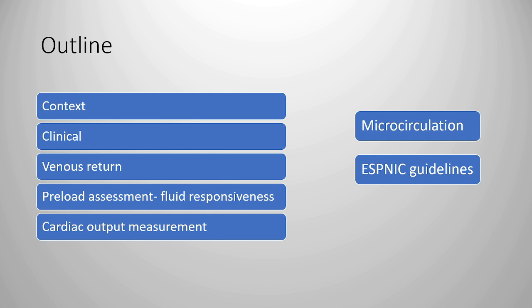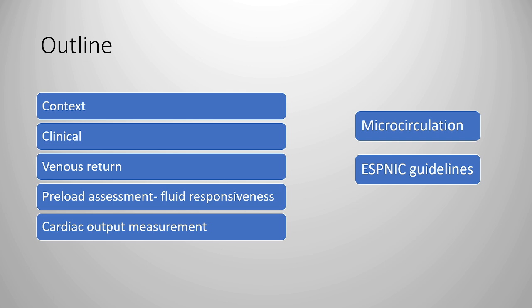What is the context of hemodynamic monitoring, clinical parameters, and some core parameters which affect the proper hemodynamics of the body, like venous return and preload. What is the preload assessment, and how can we assess cardiac output? And one more way of looking at hemodynamic monitoring is looking at the microcirculation.